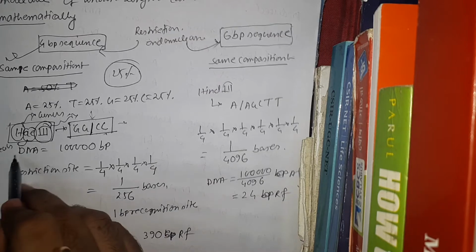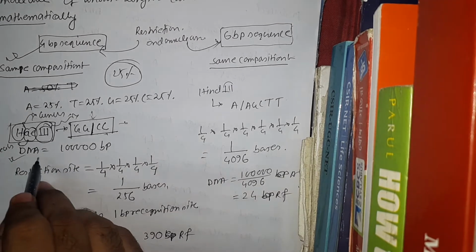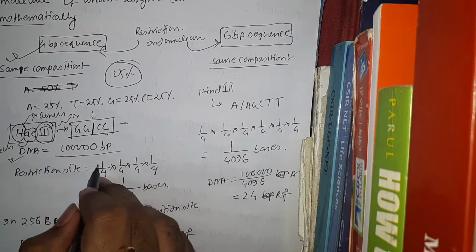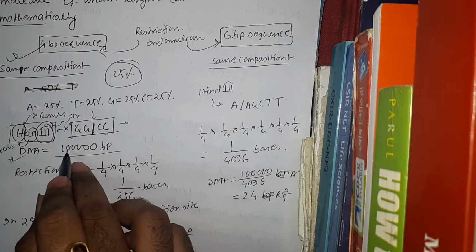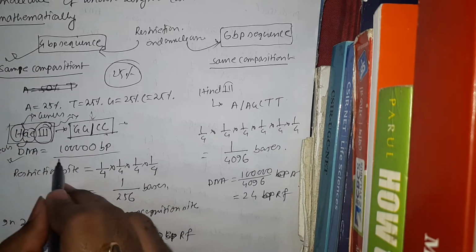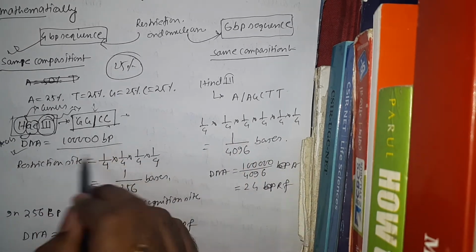Now they are telling us that HaeIII has restriction sites in a DNA molecule with an overall length of approximately 1 lakh base pair. We need to find out how many restriction sites are present among this 1 lakh base pair.